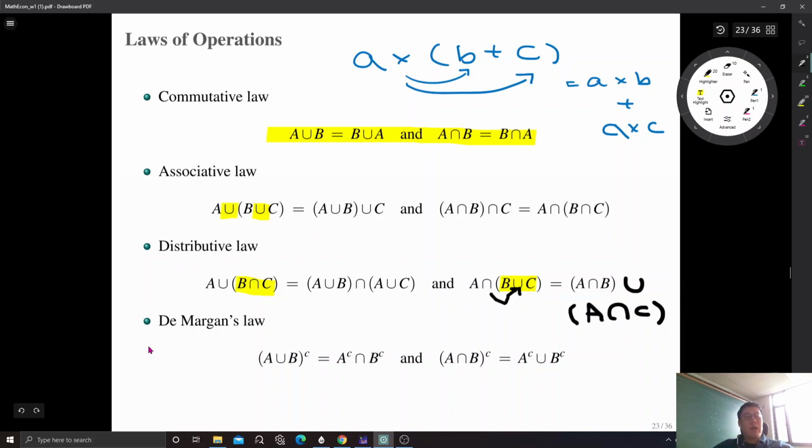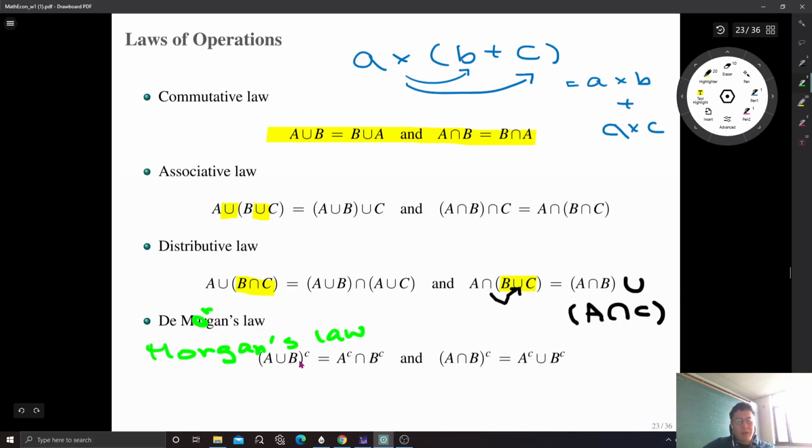And finally, we have De Morgan's law. De Morgan's law helps us distribute complement.